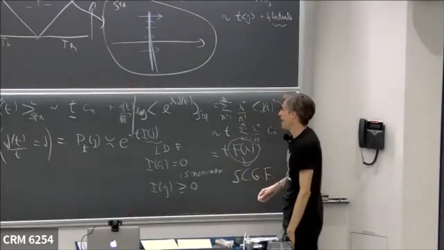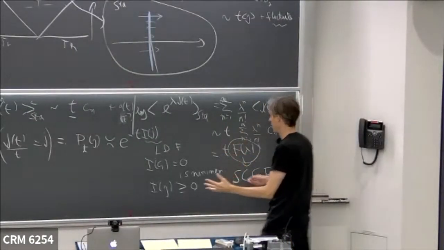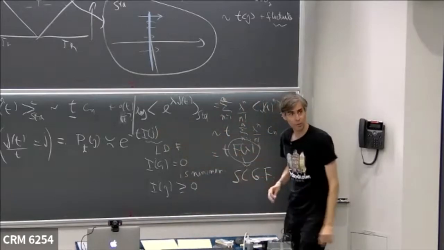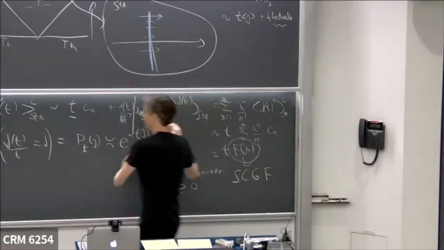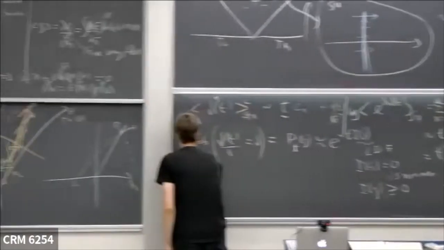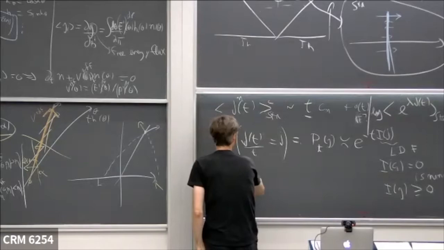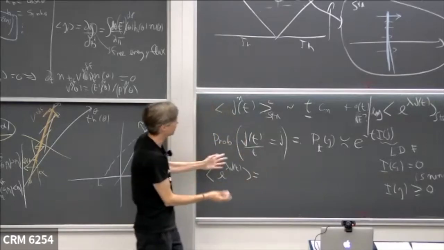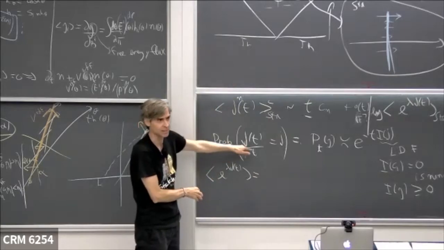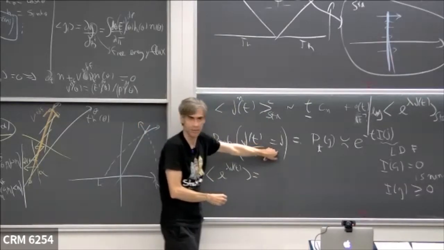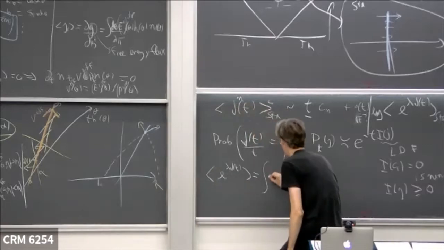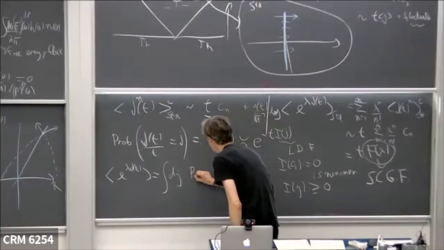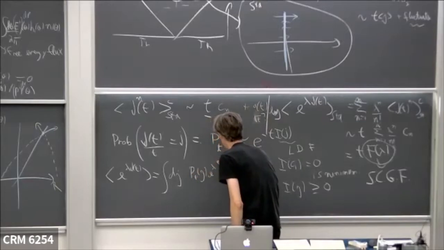Okay, and the question is calculating f of lambda or calculating I of j. These are equivalent questions. And to see the equivalence, you say, well, if I calculate the average of exponential lambda J(t), I think now very classically. It's a quantum system, but think of that as a classical variable, where I would do an integration of this probability density P_t(j) e to the lambda j.